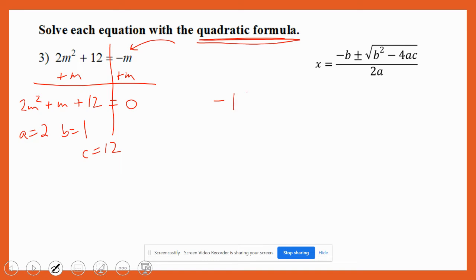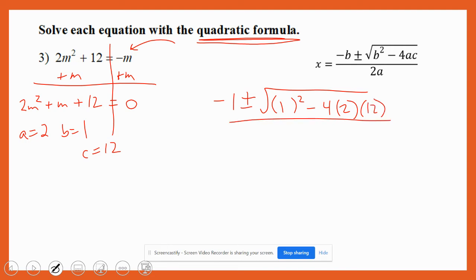So opposite of b, plus or minus square root, use parentheses because you're using a calculator, b squared minus 4 times a times c, all over 2 times a. So just double check your signs, make sure we didn't lose any values here.